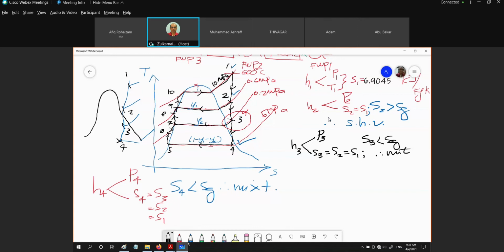So in order to get H3 as a mixture, you need to use what? H3 is equal to HF3 plus X3 HFG3, whereby X3 is equal to S3 minus SF3 divided by SFG3.